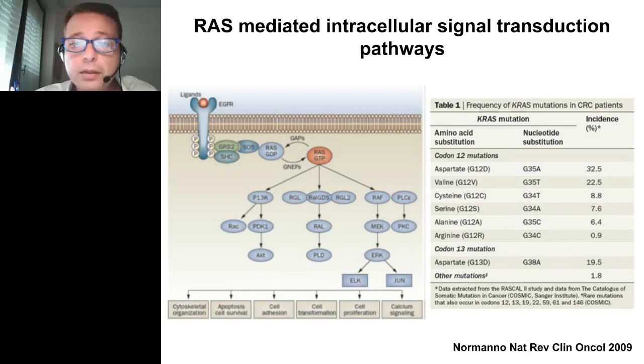Now, more recently, this study, published a few weeks ago in the New England Journal of Medicine, has demonstrated that other mutations in KRAS, in particular exon 3 and exon 4, as well as mutations in NRAS, exon 2, exon 3, and exon 4, might also be associated to resistance to anti-EGF receptor monoclonal antibodies in metastatic colorectal carcinoma.